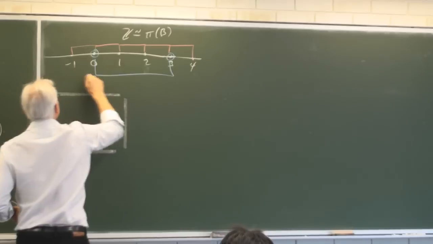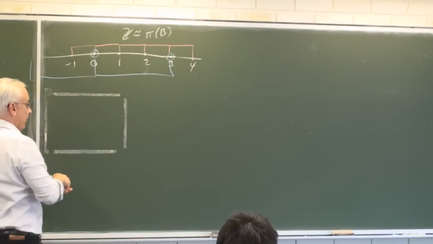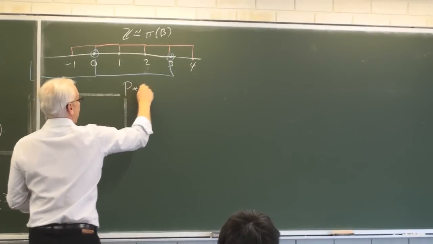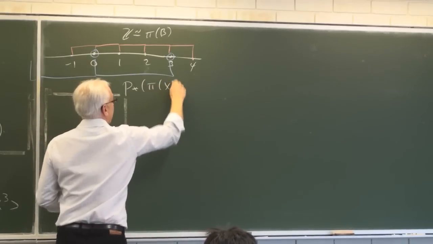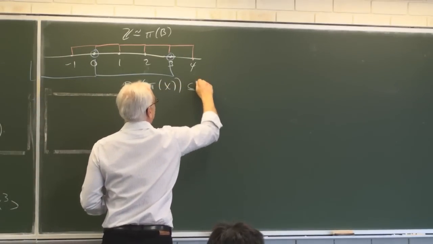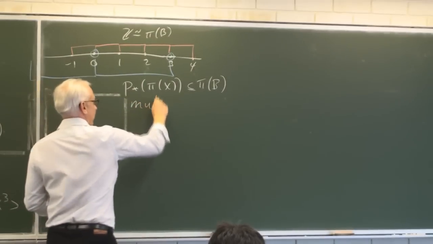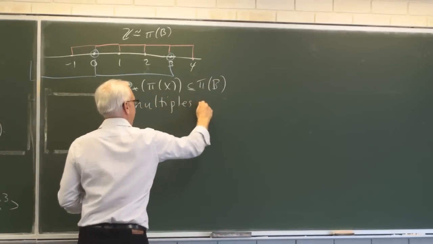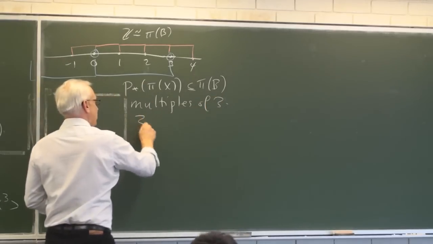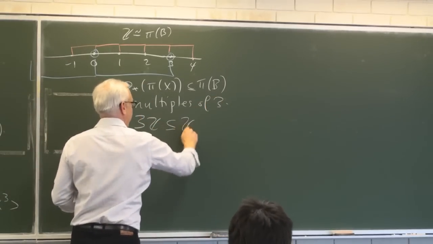So it's going to be the subgroup. This is p star of pi of x inside pi of b. So it's basically multiples of 3. Or in additive notation, 3Z inside of Z.